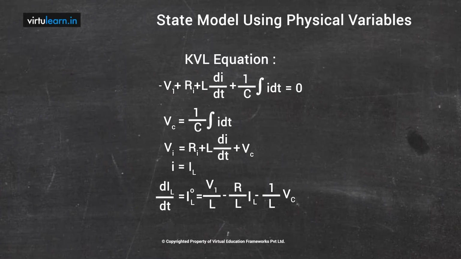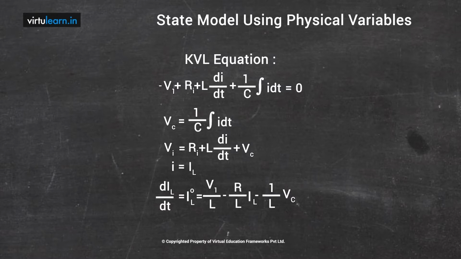Then I can write dIL by dt, this is nothing but IL dot, and the inductor L you can take to the other side and write the equation as V1 by L minus R by L into IL minus 1 by L into Vc. So Vc is a state variable, IL is a state variable, and V1 is the input variable.